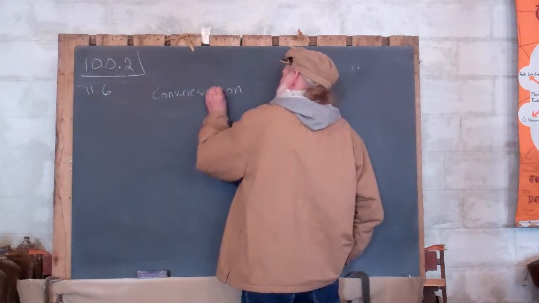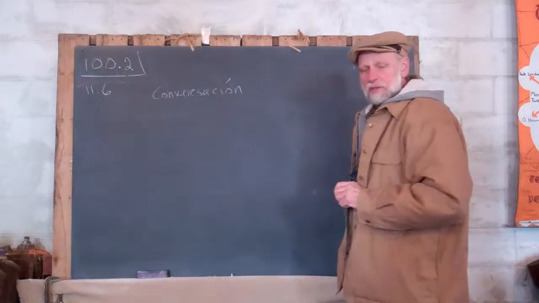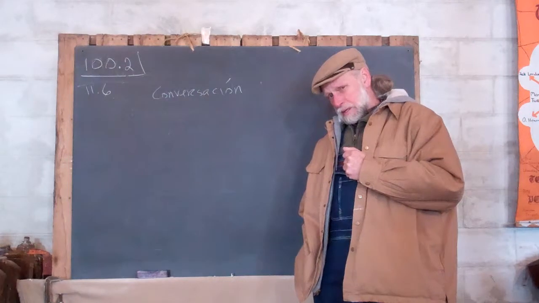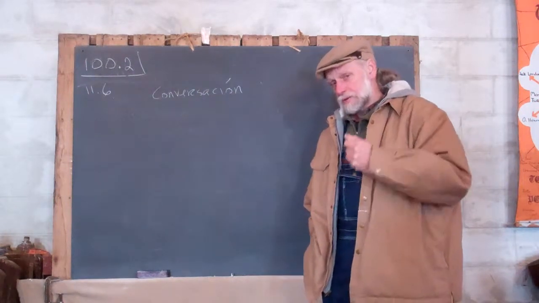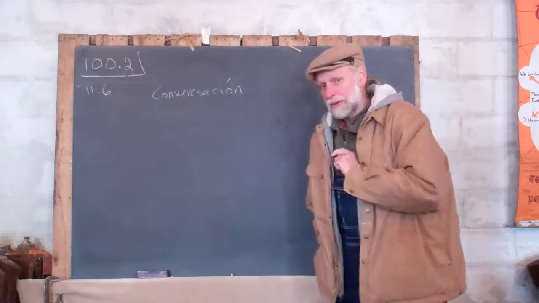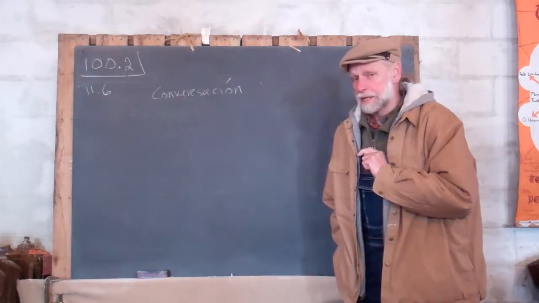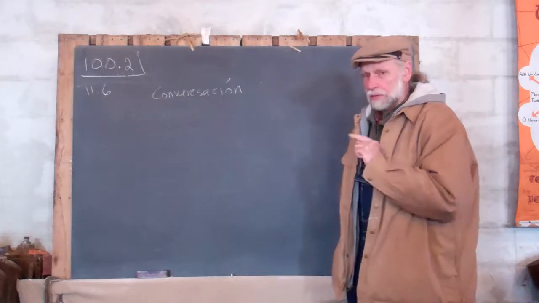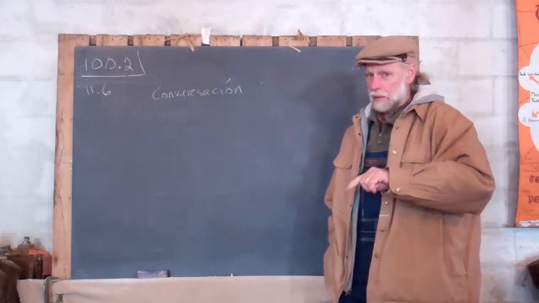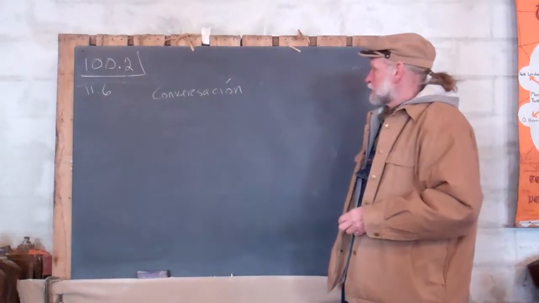Anyway, on the top of the page, let's write that word down. Conversación. And I would always say it and have them say it. Hear it and then say it before I would let them see it. Because as soon as they saw that, they're going to want to say it like English. That's called a cognate. And I won't teach about cognates today, but I probably will tomorrow.